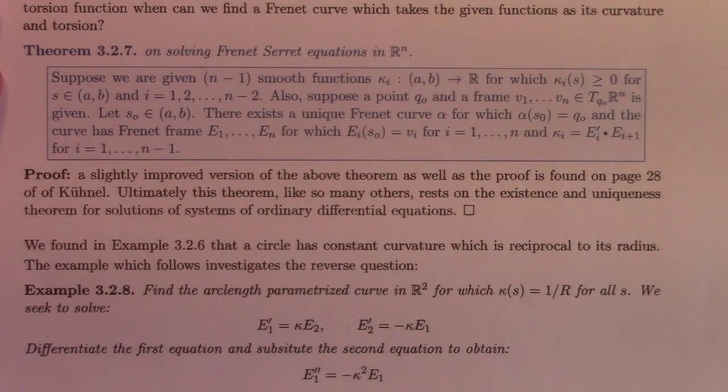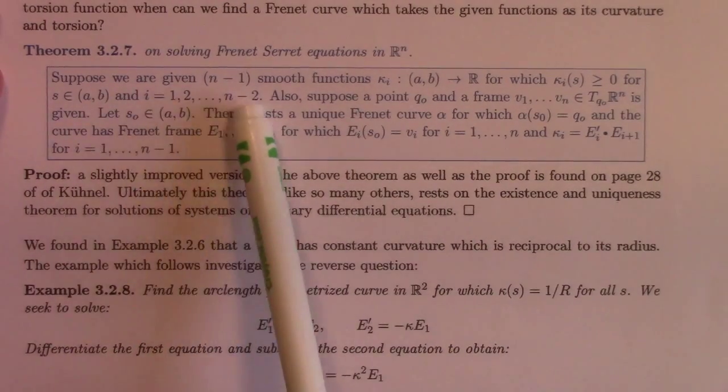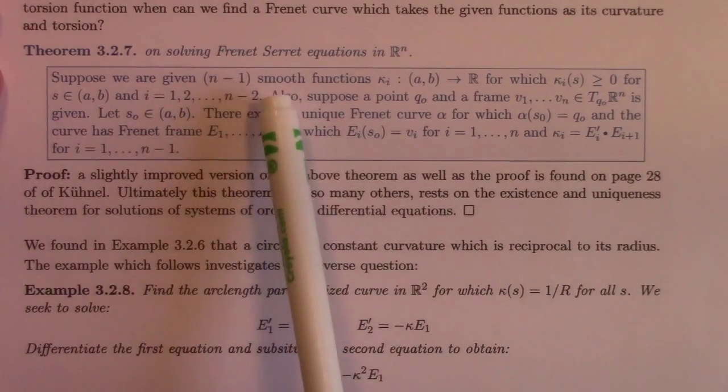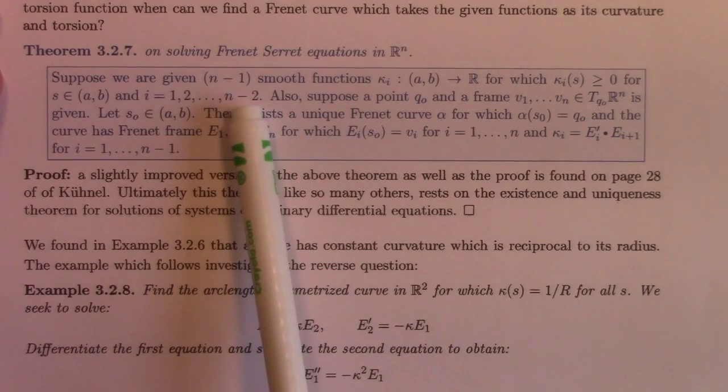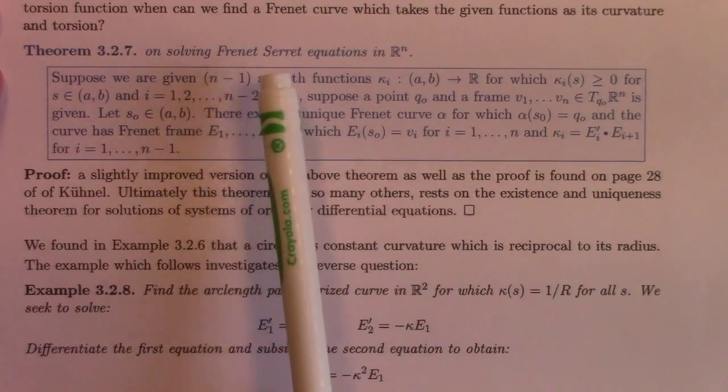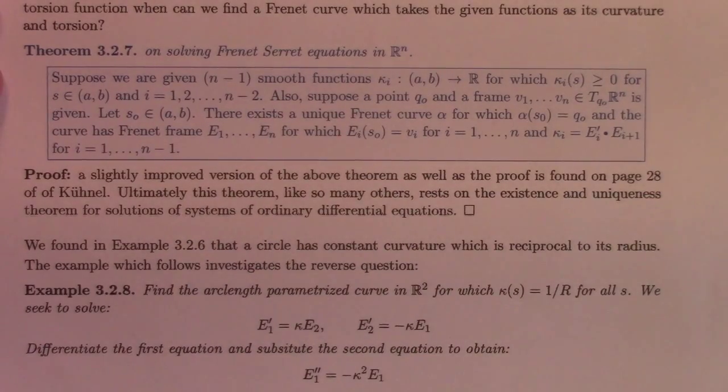The ones from 1 through n minus 2 have to be non-negative. For example, n equals 3, you get one non-negative one, which we call the usual curvature, and then the n minus 1th one, the second curvature, is what we call the torsion for R3, right? Also for Rn, we call the last curvature the torsion.